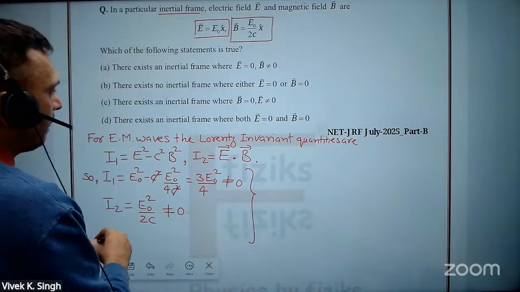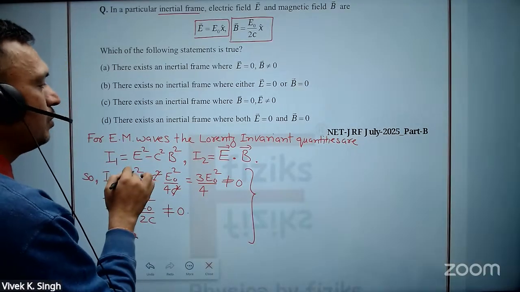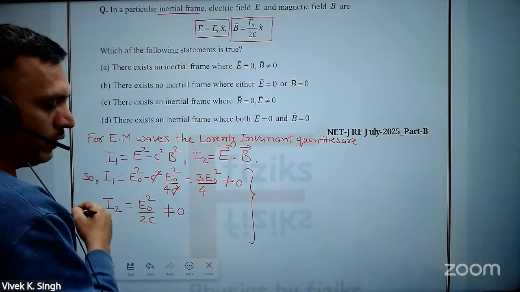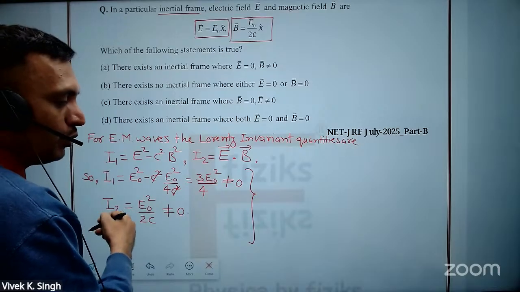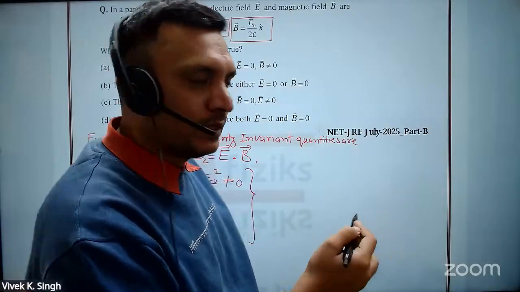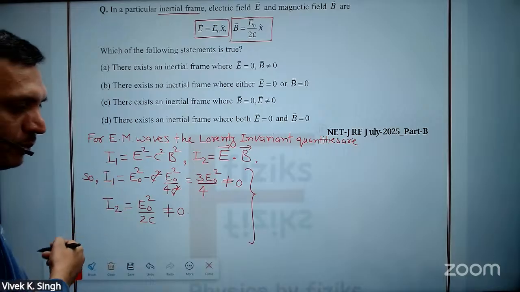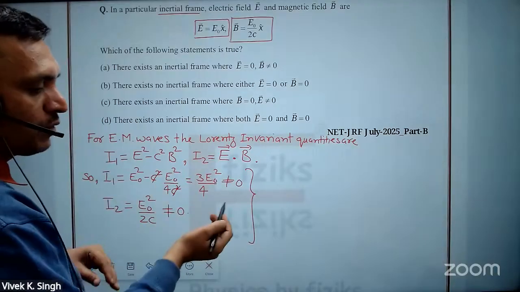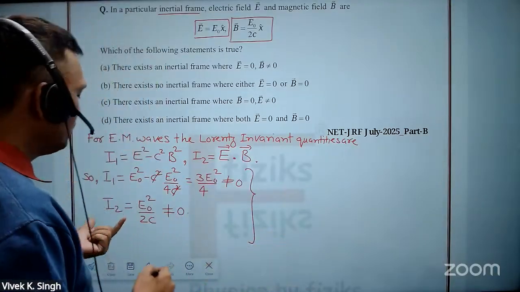Now see, in this question, you have to see whether E is 0 or B is 0 or not. So if E is equal to 0, what will happen? I2 will be 0. But I2 being 0 means what? It should be 0 for all frames. But here you are getting I2 non-zero. It means that is not possible. Similarly, if you take B equal to 0, I2 will be 0, and that will be 0 in all frames. But here I2 is non-zero.